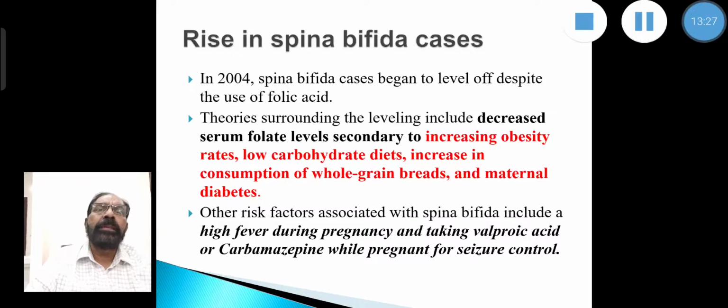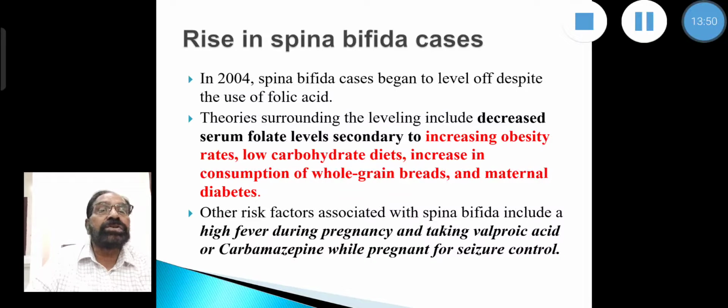In 2004, spina bifida cases began to level off despite the use of folic acid. Theories surrounding the leveling include decreased serum folate level secondary to increased obesity rates, low carbohydrate diets, increase in the consumption of whole grain breads, and maternal diabetes.